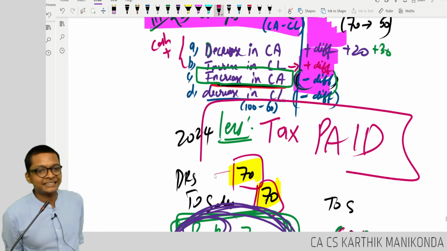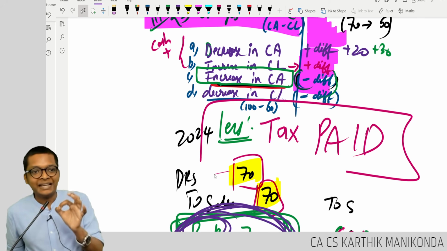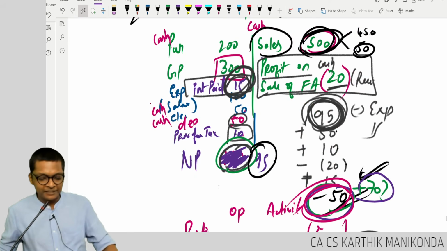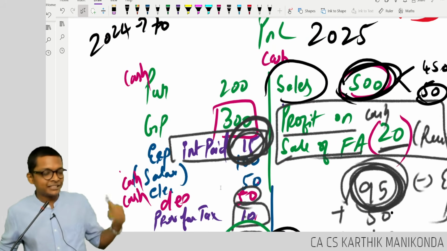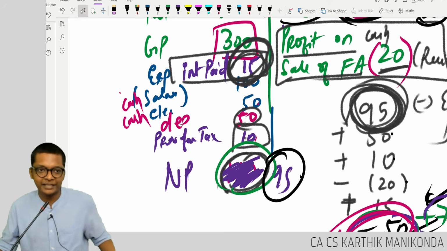Less tax paid. Are you following, guys? Less tax paid, you will get what, guys? Cash flow from operating activities. Every sum, the same answer will come. This is the logic. We started off the sum over here. Logic is this. This is a small example. Detail has more. Are you following, guys?